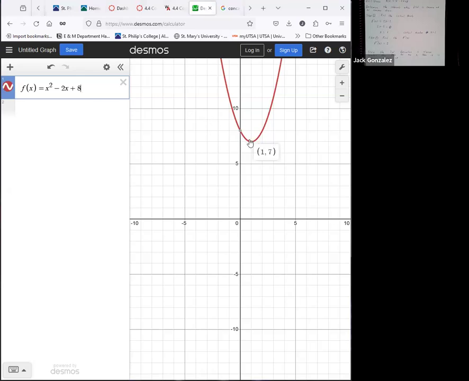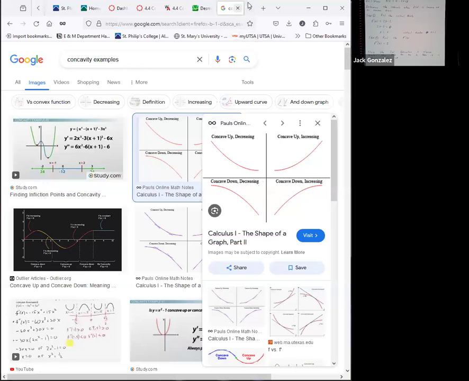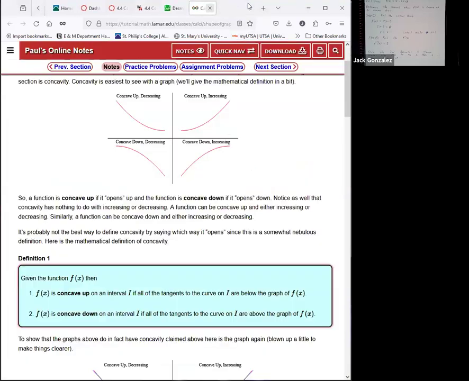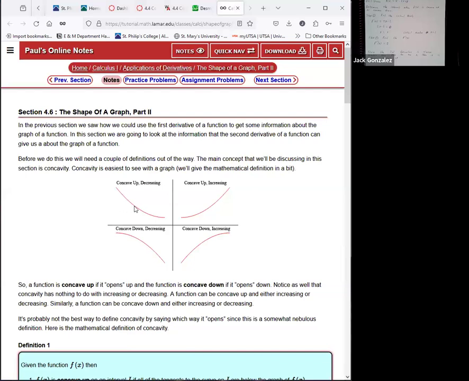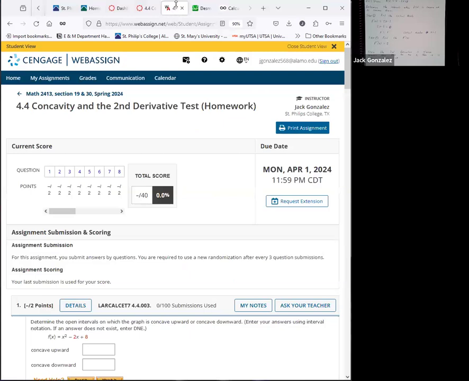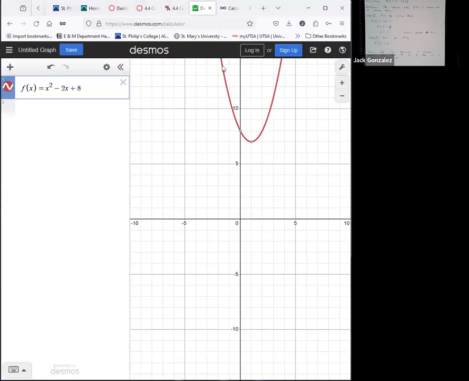So we can see it fits that, what was that picture? There it is. Fits these two shapes, right? Concave up everywhere.